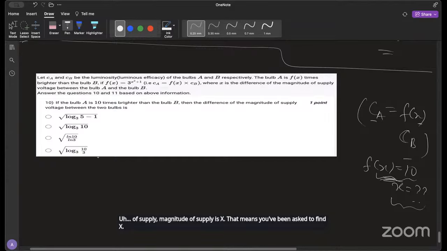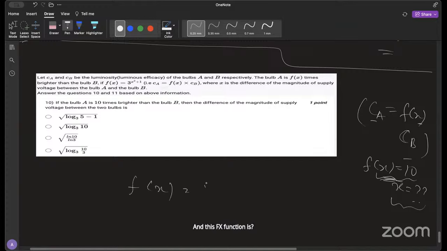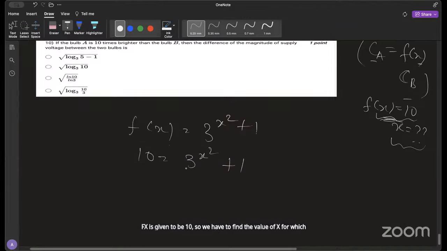f(x) is given, and the f(x) function is 3 to the power x squared plus 1. f(x) is given to be 10. So you have to find the value of x for which this function becomes 10. We don't have a one here, right?